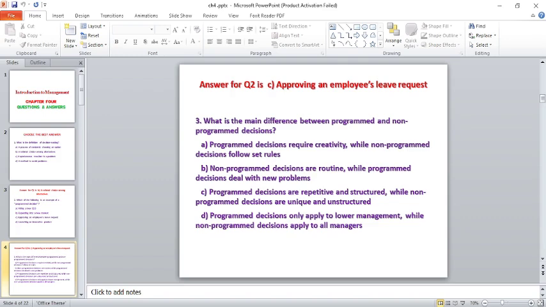C. Programmed decisions are repetitive and structured while non-programmed decisions are unique and unstructured. D. Programmed decisions only apply to lower level management while non-programmed decisions apply to all managers. The answer for question number 3 is C. Programmed decisions are repetitive and structured while non-programmed decisions are unique and unstructured.